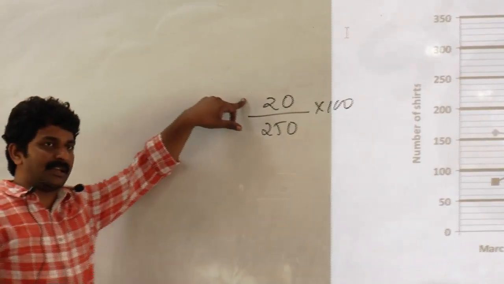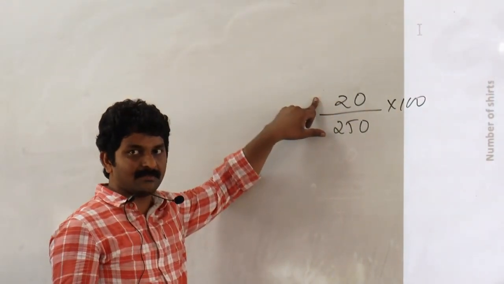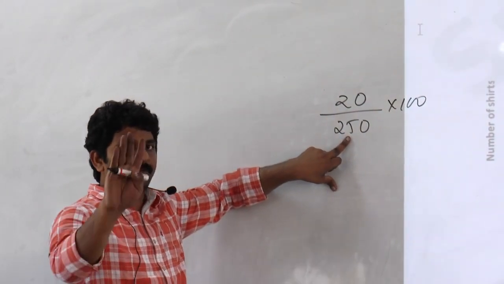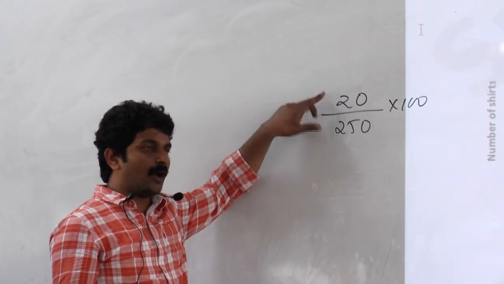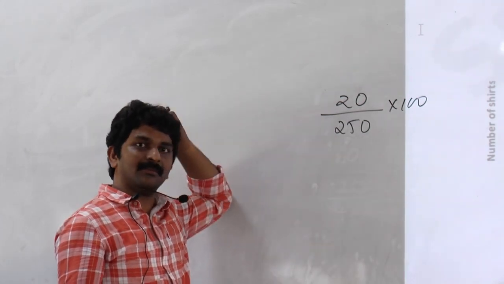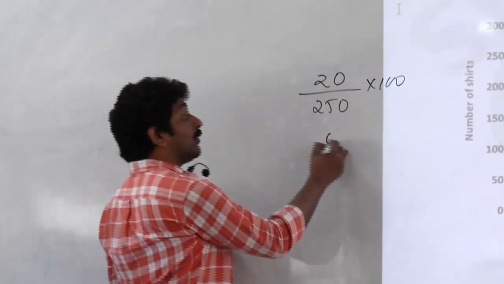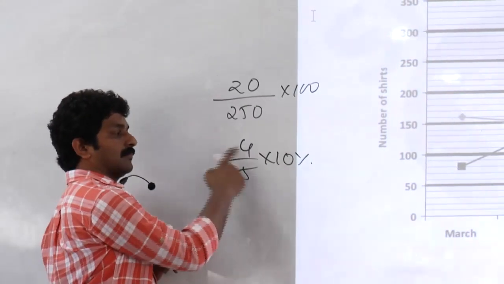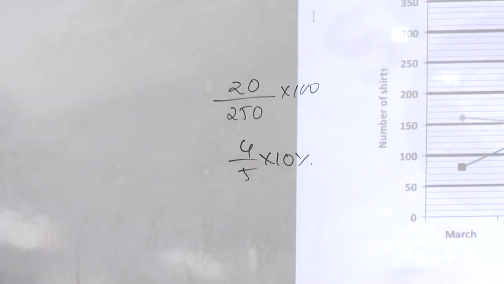And numerator is 20. Answer less than 10%, which is, we have two options. Yes or no? 1% is 2.5. 4% is 10. 8% is 20. Or else 20 out of 25. 20 out of 25. 4 by 5. Out of 10%. 8%. Right?